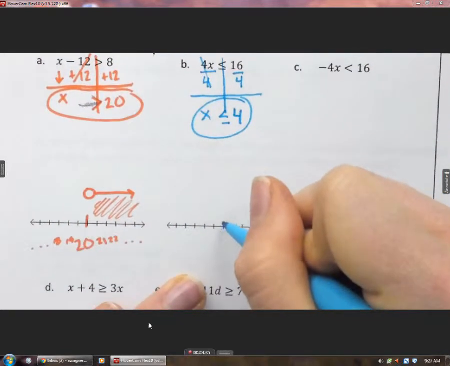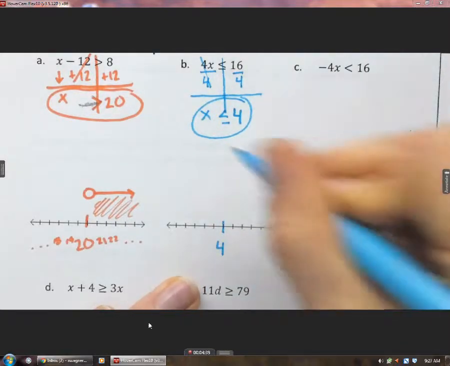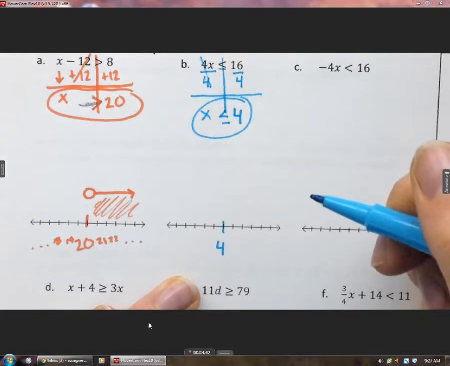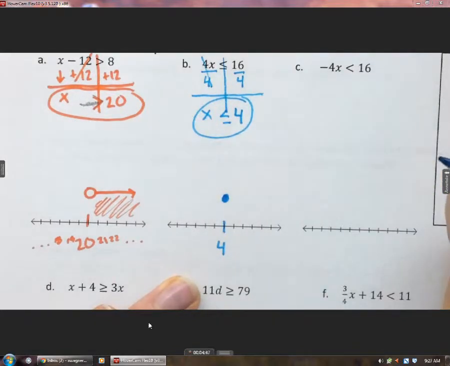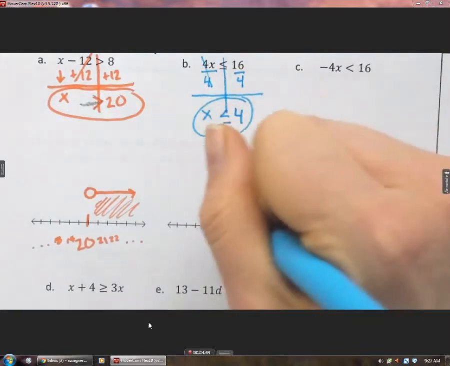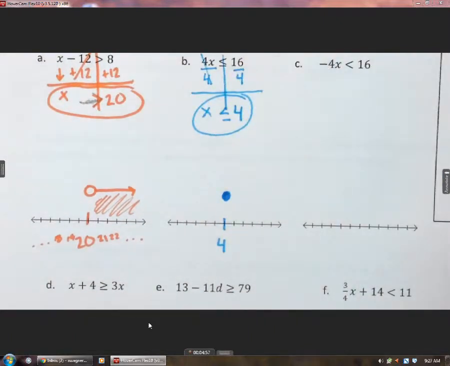Let's pick a spot on here that's 4. This time is my dot open or closed? Closed. Does it include 4? It does include 4. So we're including 4 in our solution set. And I want to shade all the numbers that are less than 4.